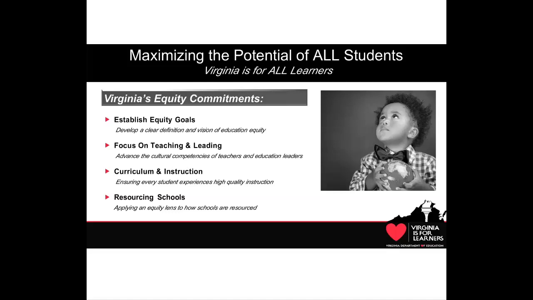So our board has been doing a significant amount of work around looking at how we resource our schools, how the funding formulas work, not from the standpoint of what the General Assembly actually appropriates in the budget, but looking at the regulatory processes that the state has in place around teacher ratios and other requirements that the board has sole discretion over, and how they can drive more resources to the highest need schools.